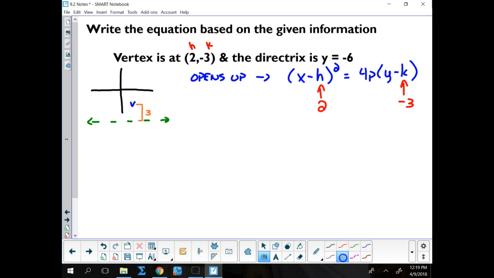So P is 3. That gives me an equation of x minus 2 quantity squared equals 12 times the quantity y plus 3, because it's minus a negative 3. So we'll write that as plus 3 as my equation.